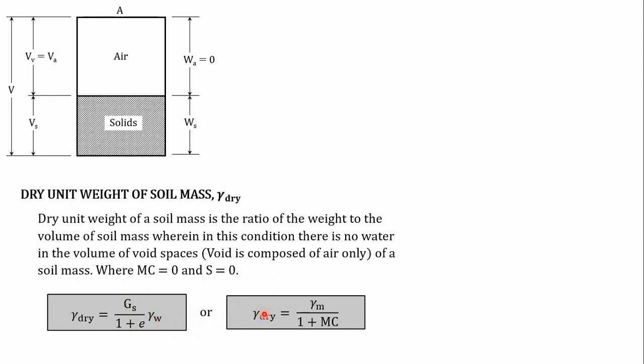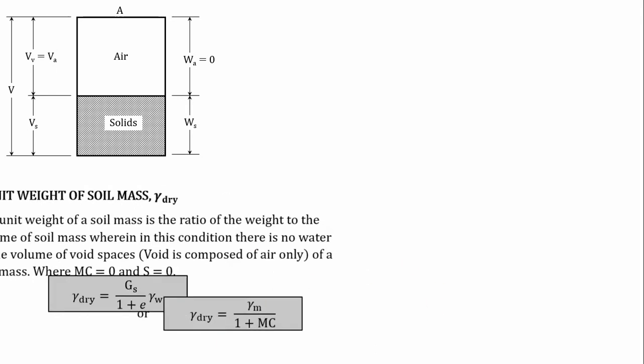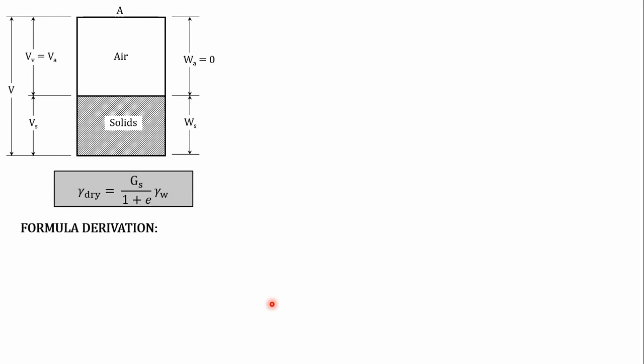Or pwede natin gamitin itong formula na to, which is dry unit weight is equal to the moist unit weight over 1 plus MC. Para alam natin gamitin to, i-derive natin siya. Magsimula tayo ditong formula.